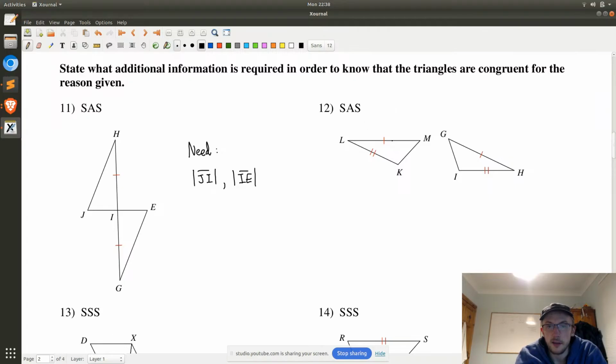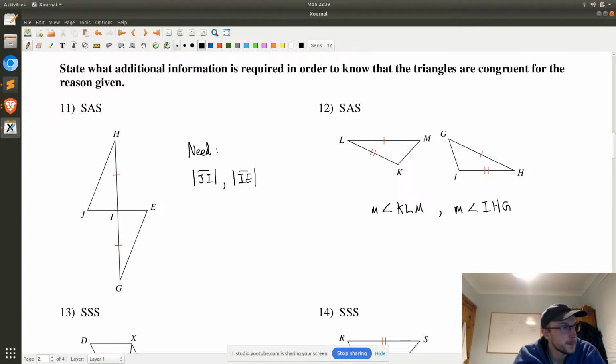As this is the side-angle-side theorem, we would need the measure of angle KLM and the measure of angle IHG. Those will be required.